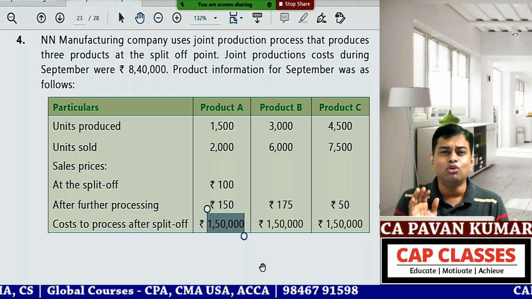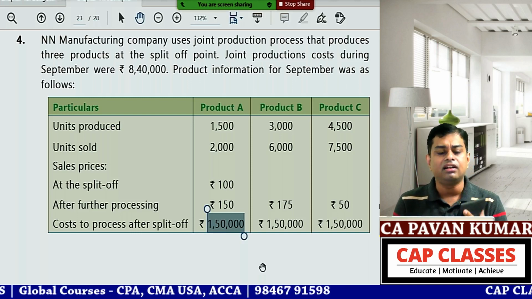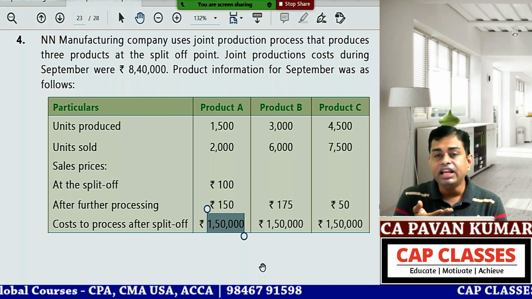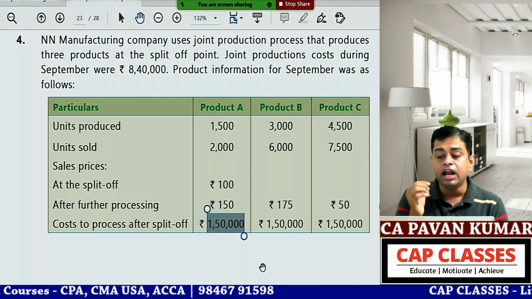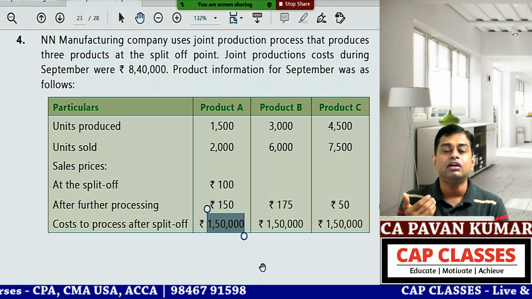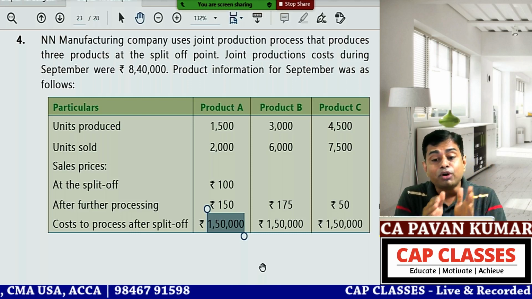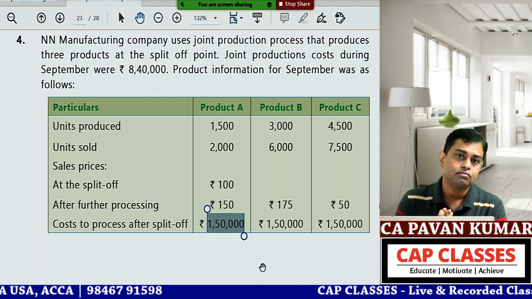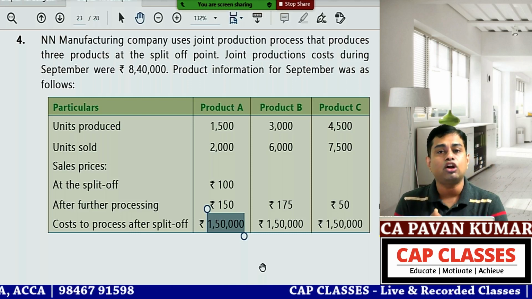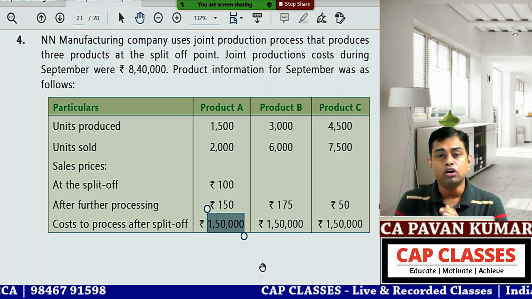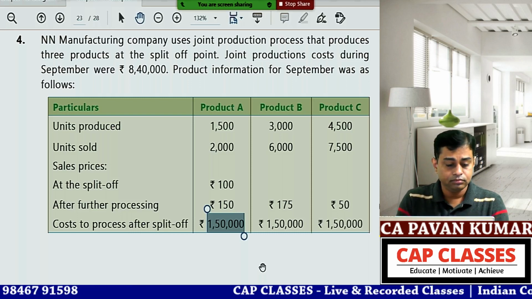So you'll say, hello, excuse me, hold my calculator. What is this? 75,000 is the value addition and you want me to spend 1,50,000 for it. So I will decide not to process product A further. Simple. Why? Because it is not economic. Okay, write down.